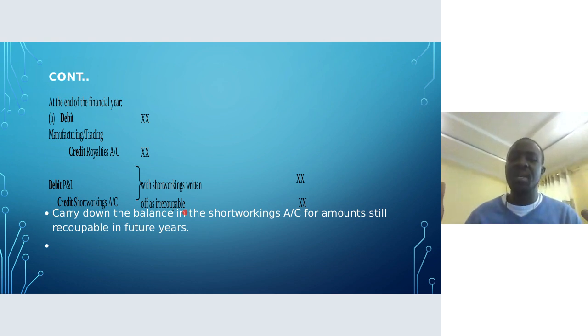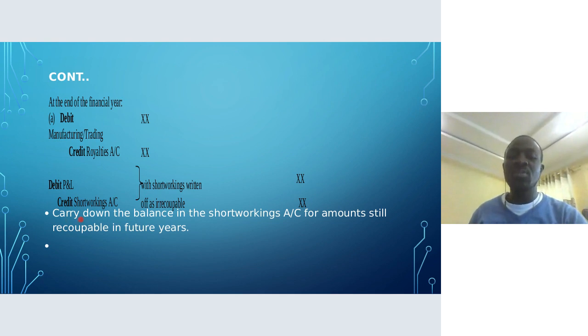So if you are given maybe 2 years to recover the short workings, and then you are not able to recover such an amount in the third year, that is the amount that we refer to as short workings irrecoverable.